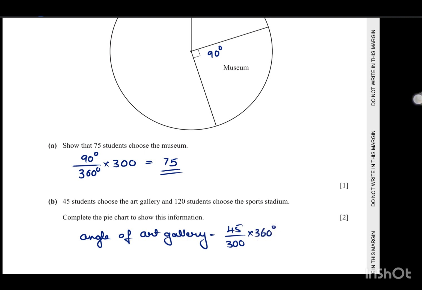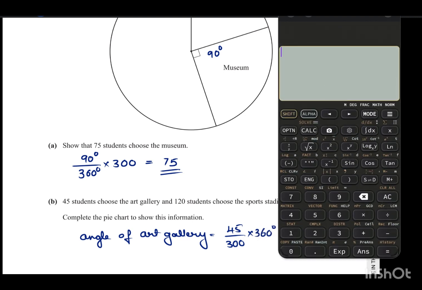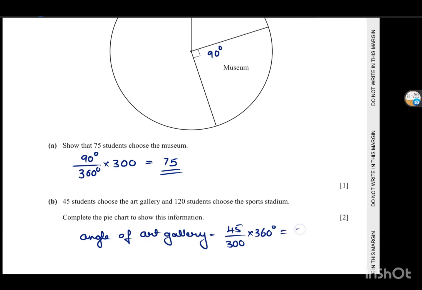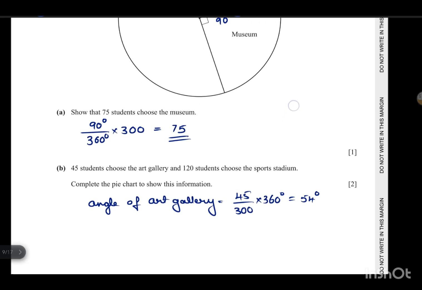You will get the angle for art gallery. 45 by 300 into 360, 54 degrees. This is the angle for art gallery.